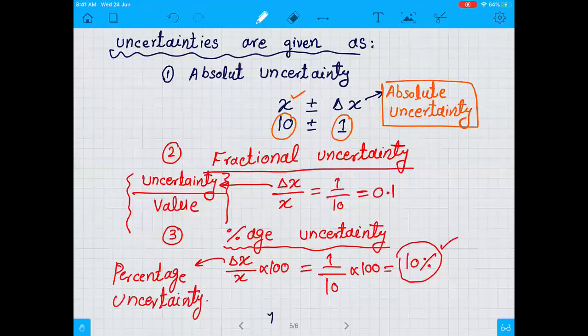So uncertainty can be written as absolute uncertainty, or it can be written as fractional uncertainty, or it could be written as percentage uncertainty.